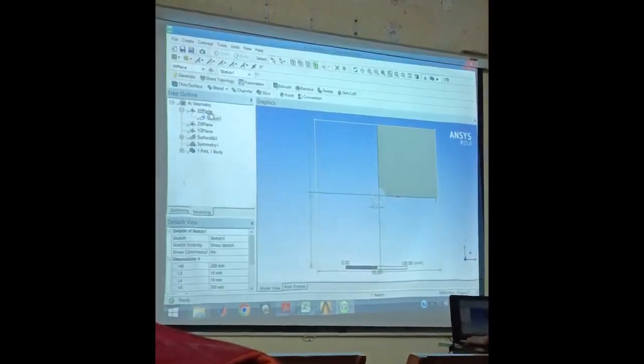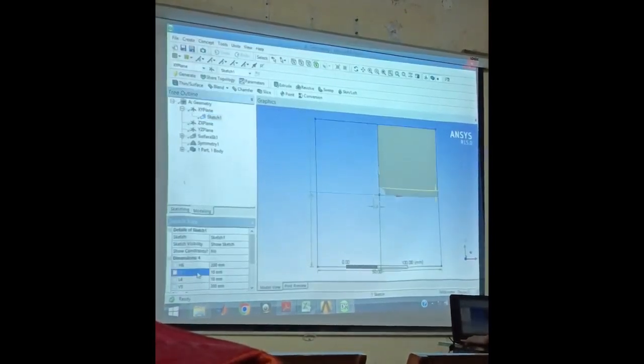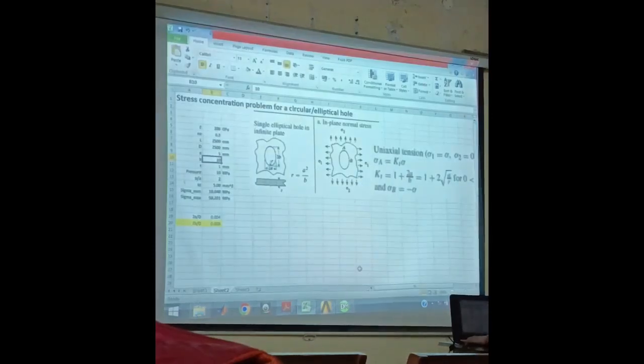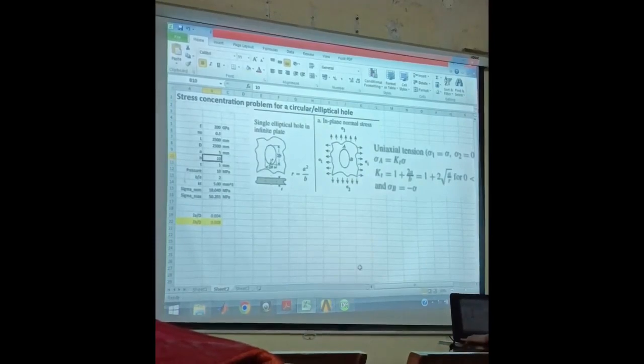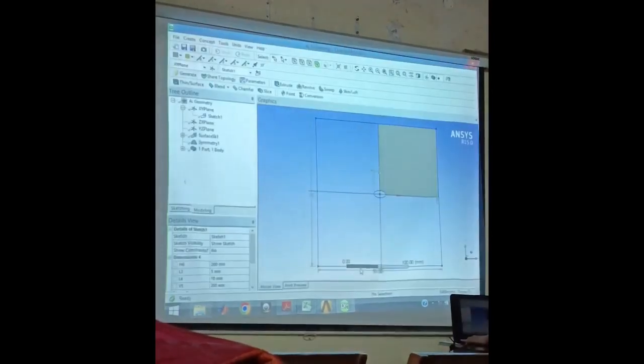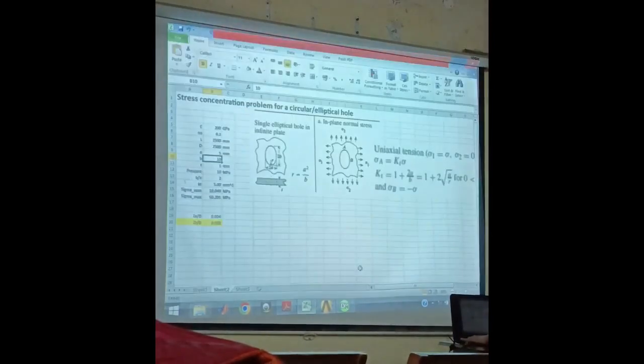Come here. This is 5. A is 5. No, it's now reversed. As per the figure, A is 5, B is 10.